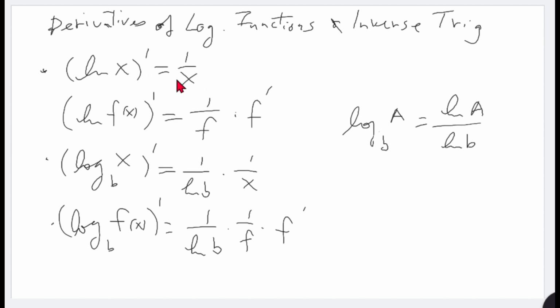A lot of times we see a more general logarithmic form in which the part inside the log is not simply variable x. Instead, it's some function. In this case, we would apply the chain rule to differentiate.